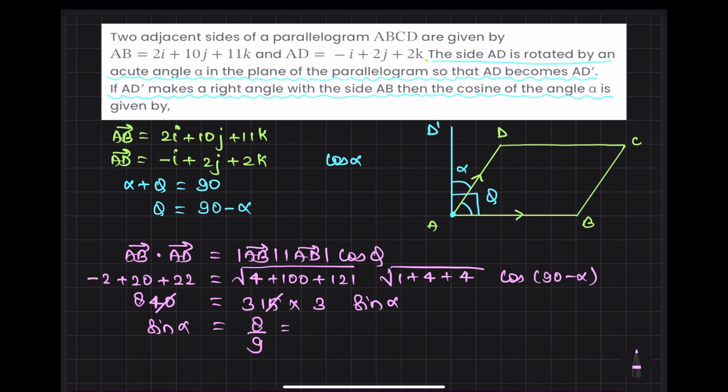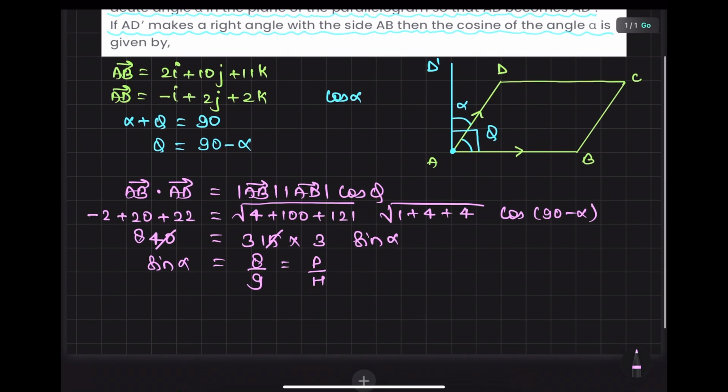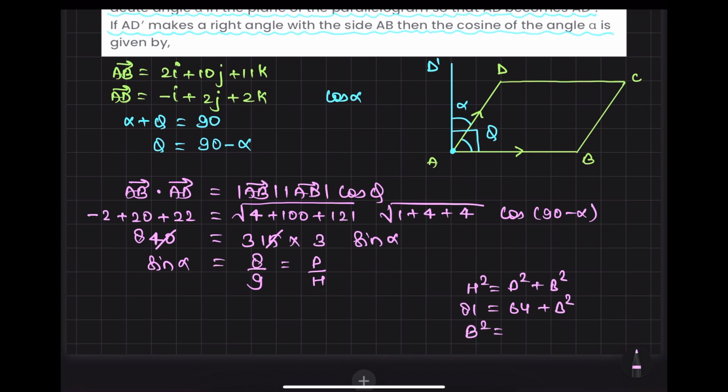it is perpendicular, it is hypotenuse. So can you find out the base? So hypotenuse squared equals perpendicular squared plus base squared. So it is 81, it is 64, it is base squared. Okay, so base squared will become 17.